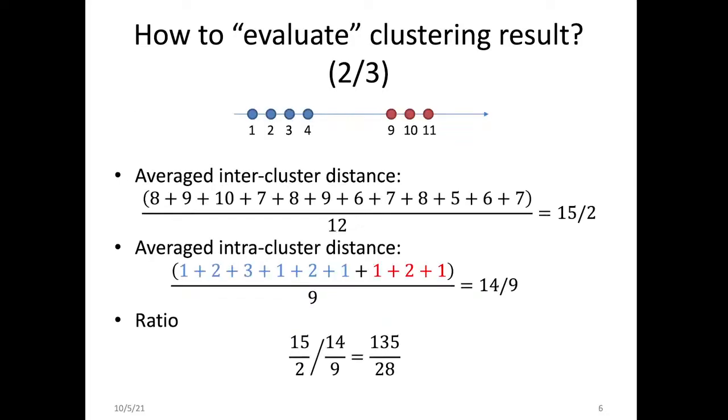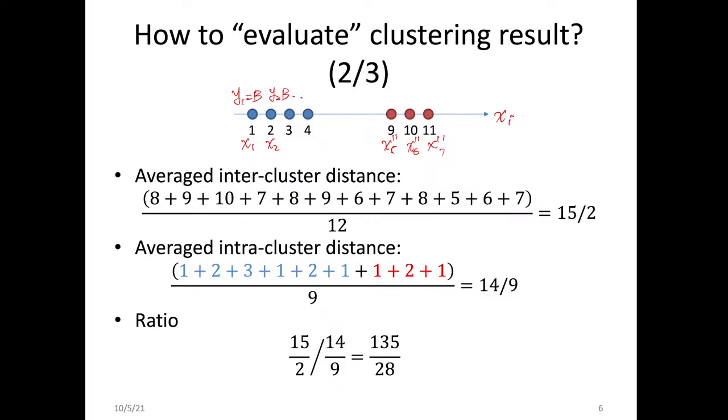Okay, so let's assume that we have 7 data points, and this is their xi. x1 is 1, x2 is 2, and so on. And their corresponding labels. So y1 is blue, y2 is blue, y3 is blue, and this is 1, 2, 3, 4. This is x5. x5 is 9. x6 is 10. x7 is 11.